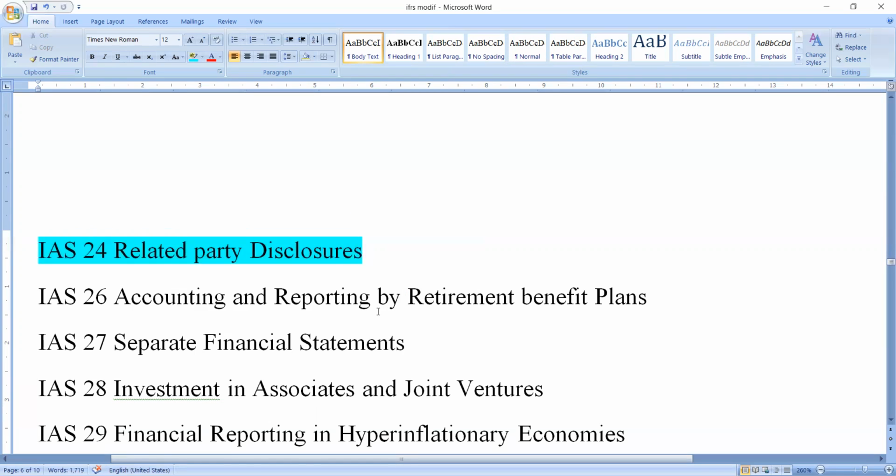In International Accounting Standard 24, related party disclosures. Related party disclosures concern the related parties who are related to the organization. Those persons are classified into two types: the first is the internal parties related to the organization, and the second is the external parties related to the organization.